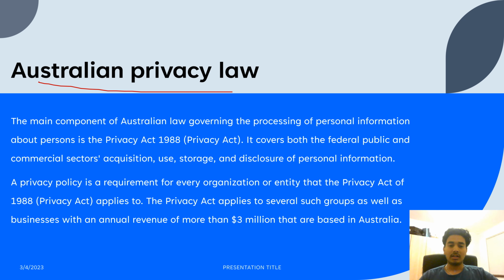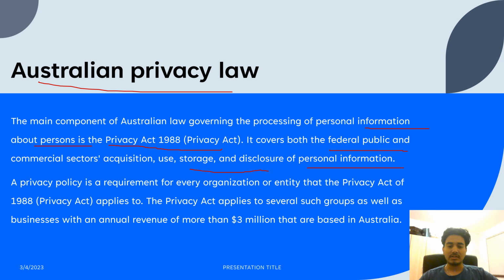The major important privacy law is the Privacy Act 1988. It is one of the main components of Australian law covering the processing of personal information about a person. It covers the federal state, which means not only a particular state like Western Australia but the whole of Australia, as I already mentioned, and the commercial sector: acquiring, use, storage, and disclosure of personal information.